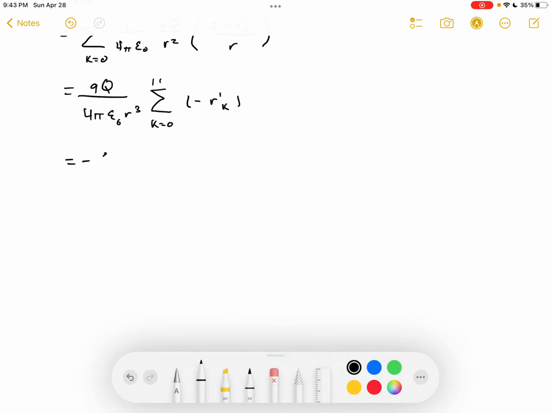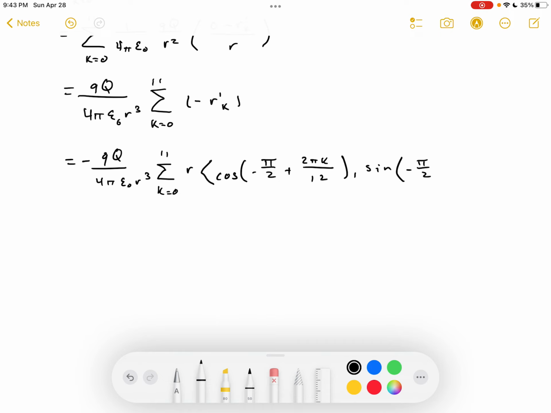So we get negative q over 4 pi epsilon naught r cubed, and just plug in the position vector that we got earlier: cosine of negative pi over 2 plus 2 pi k over 12, sine of negative pi over 2 plus 2 pi k over 12.